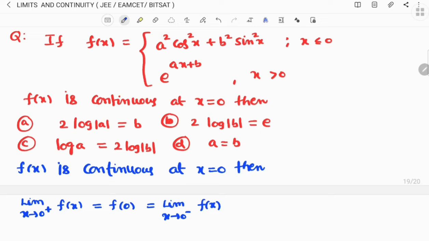X tends to 0 plus, this function you have to consider. X tends to 0 minus and f of 0, both functions we have to consider.